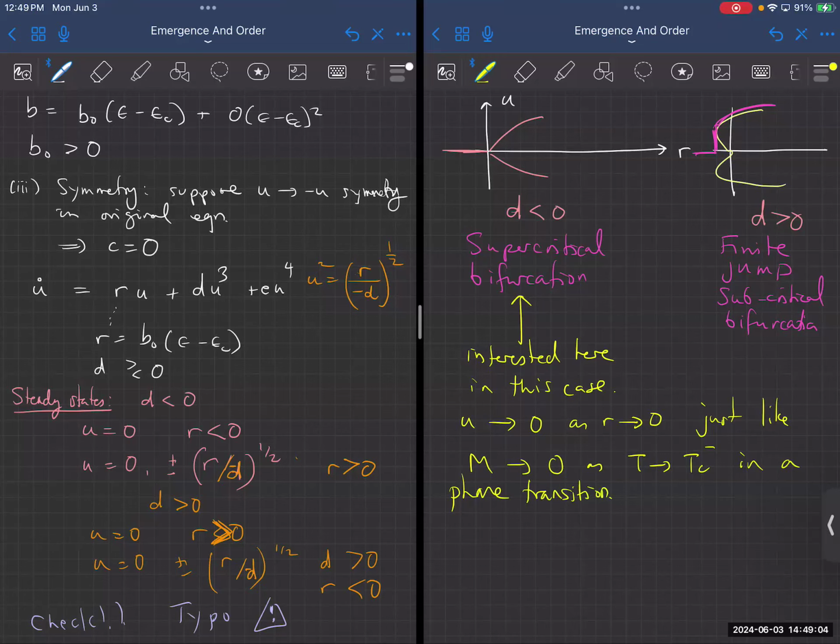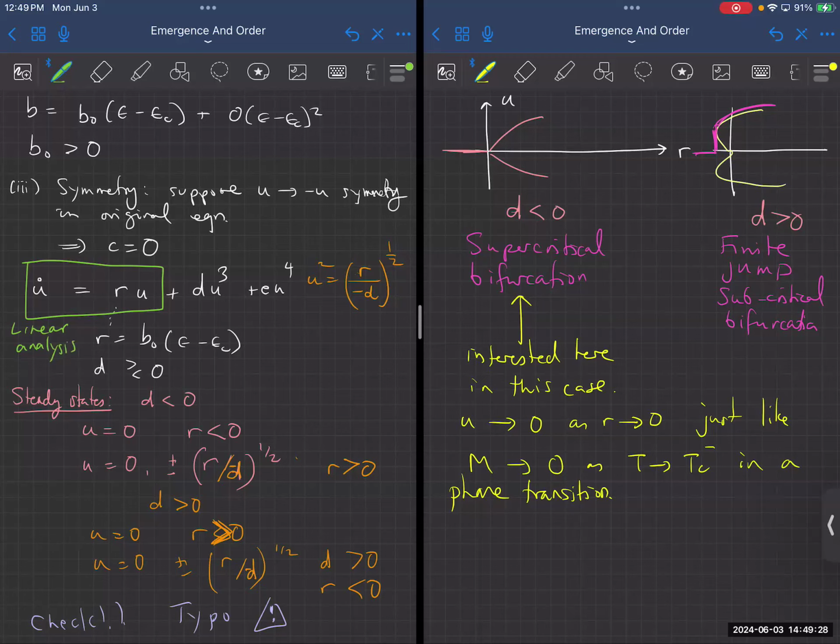Okay, so that's the picture, and you can see explicitly that if I look over here on the left-hand side, this range over here was what we called linear stability analysis. And that's what we talked about last time.